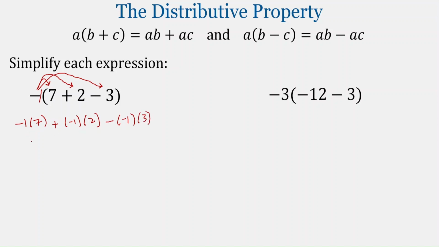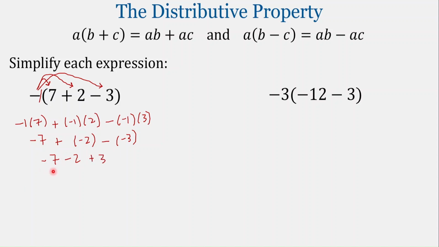Negative 1 times 7 is negative 7. And then negative 1 times 2 is negative 2. And then we have a minus, and then negative 1 times 3 is negative 3. So we have negative 7 minus 2 plus 3.